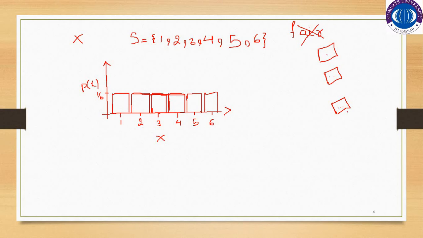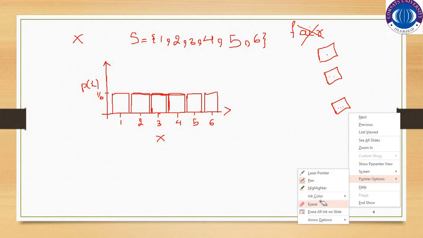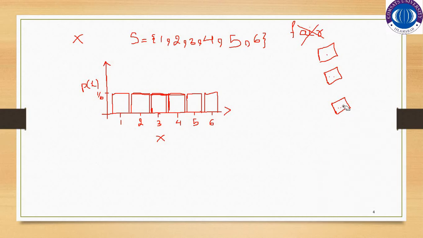So let's suppose that something happened and one of the dots is erased from the face containing 3 dots. Now what happened here? The two faces will have the similar outcome.